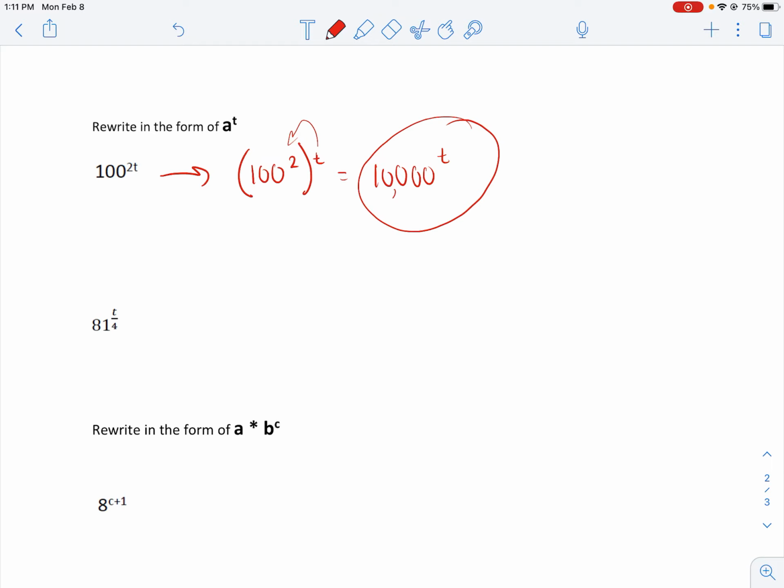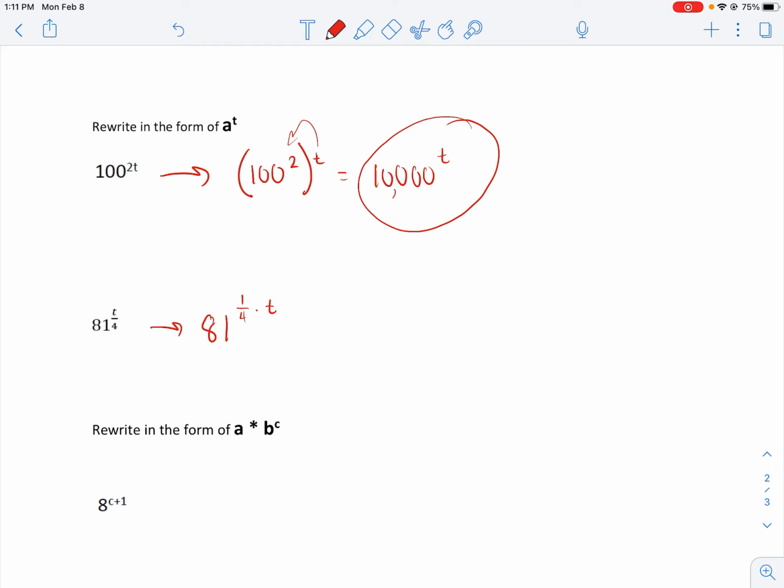Okay, let's take a look at the next one. Same sort of process. This is technically 81 raised to the 1/4 times t. Whoops, let me rewrite it like this. And so what part don't we want?